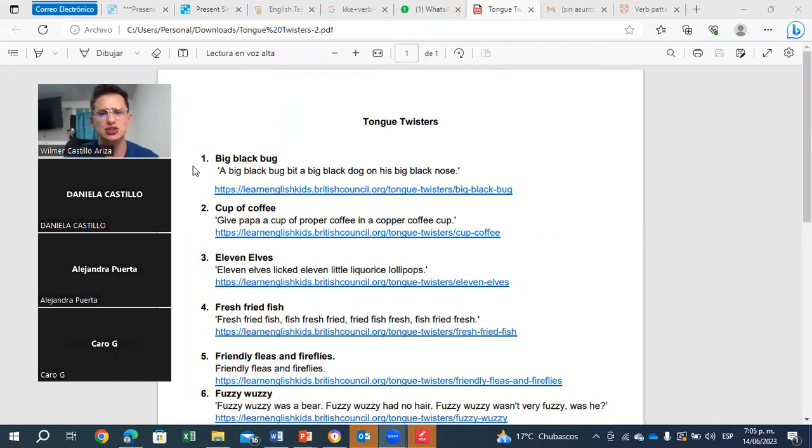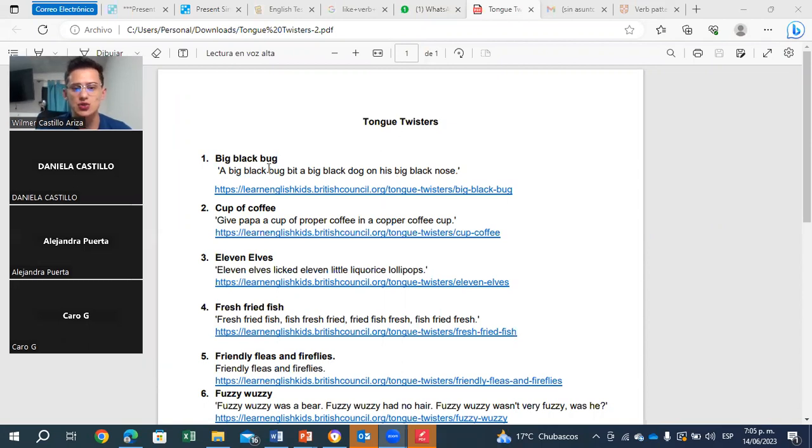So at the end of the class, just remind me, please, and I will send you this link. So here we have some tongue twisters. Like in here we have the pronunciation. A big black bug with a big black dog on his big black nose. So just take that in mind when you start your practice. It's very useful, and the students love this kind of games or activities.